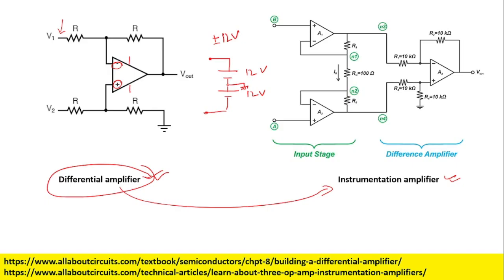With respect to this point, which is the ground, this terminal is positive, so you will get plus 12 volt out. On the other hand, with respect to the ground, the other terminal will give you a minus 12 volt output.